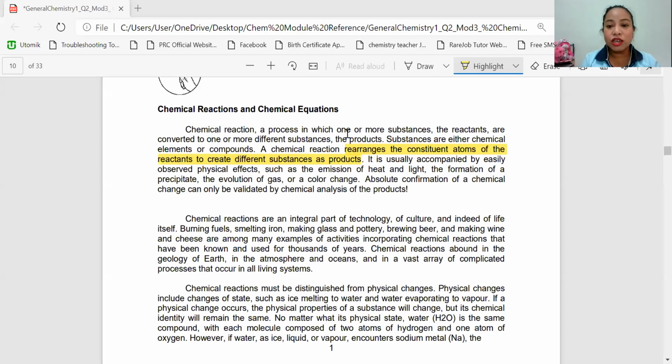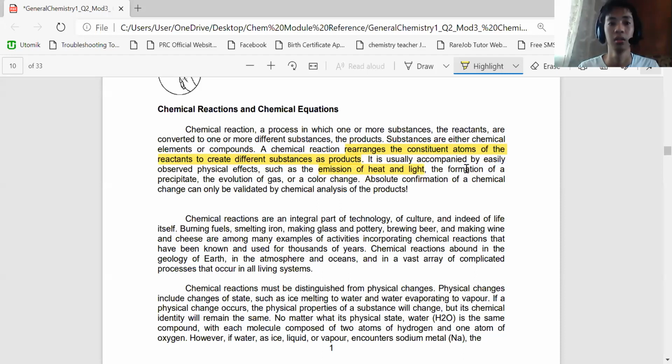It is usually accompanied by easily observed physical effects such as the emission of light. So if there is emission of light, it means there is a chemical reaction. Formation of precipitate means there is a chemical reaction.